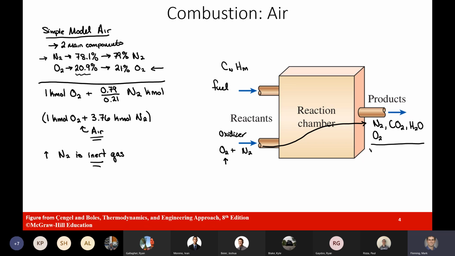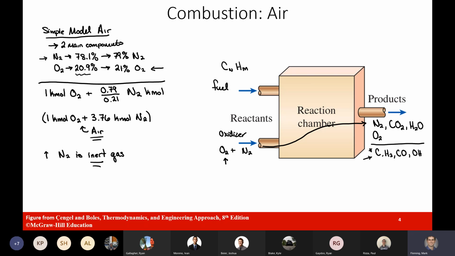Now in real combustion, we could have some additional byproducts. Some of the notable ones would be some base carbon, some base hydrogen, some carbon monoxide, and some remnants of our fuel. When these are seen in our chemical products, we can usually note that our combustion process was not complete.